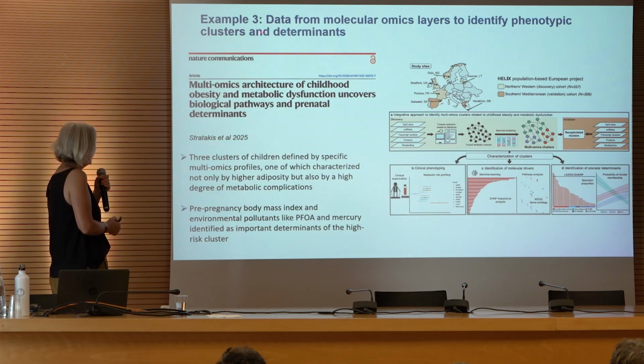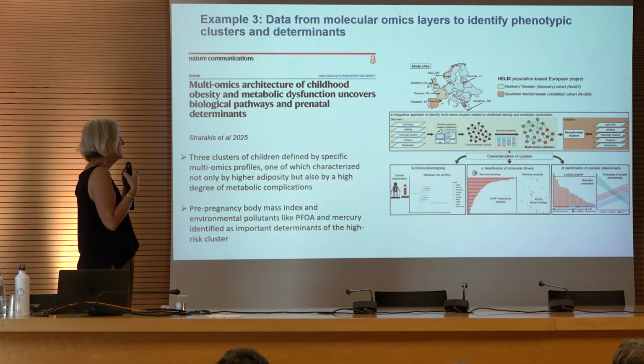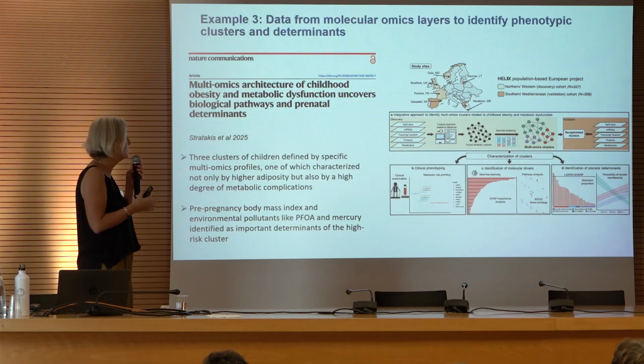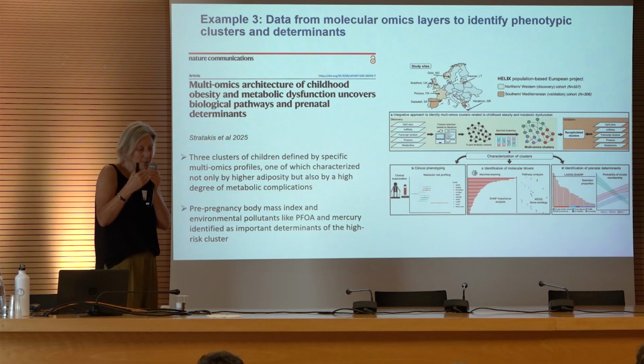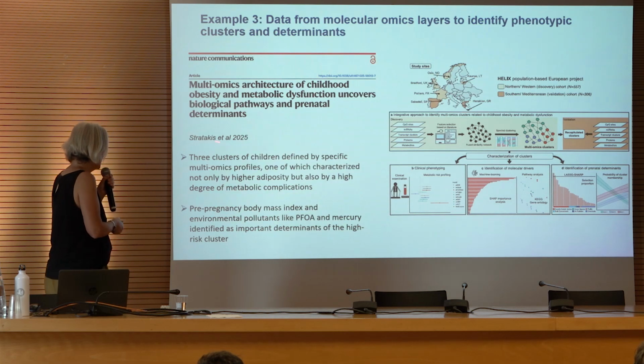And then a third example is where we use the same omics data layers to try and classify better our phenotypes, in this case, childhood obesity. So this is a way of creating sort of endotypes within a disease outcome, in this case, obesity.